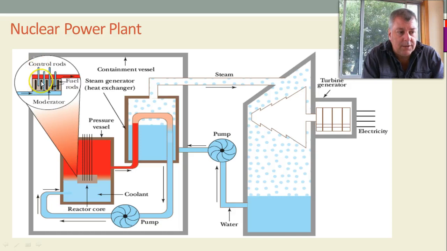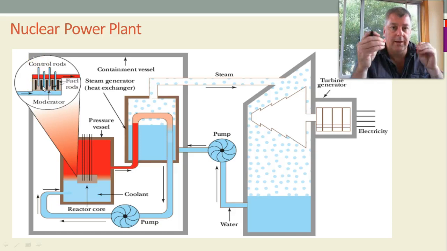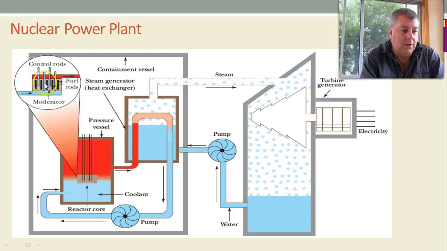By raising them you free up all those neutrons to hit more fissionable material, so you raise the rods to get more energy out, and you put the rods in to shut it down or control it. It doesn't shut down the fission in the fuel rods, there's still fission occurring, but at a much lower rate, and it can't go uncontrollable. Most of these use gravity as a fail-safe, so if everything else fails, the control rods just fall into place and shut down the reactor.